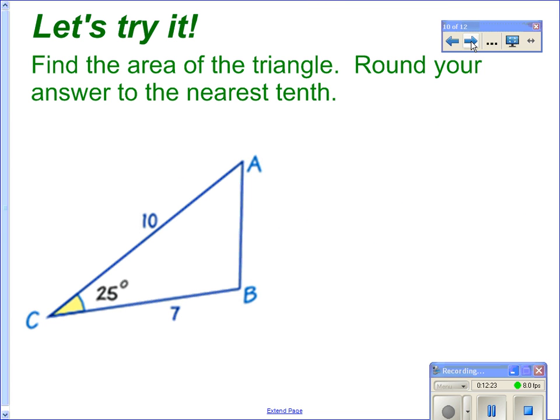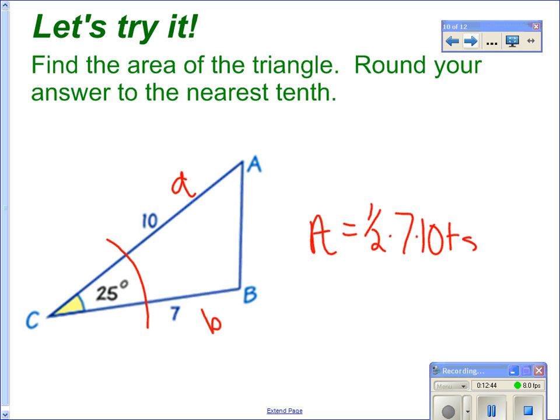They want us to find the area of this triangle, round your answer to the nearest tenth. Here's 25 degrees. We could call this A and we could call this B. It doesn't matter if you switch those up. So I'm going to say that my area is equal to 1/2 7 times 10 plus the sine of 25.